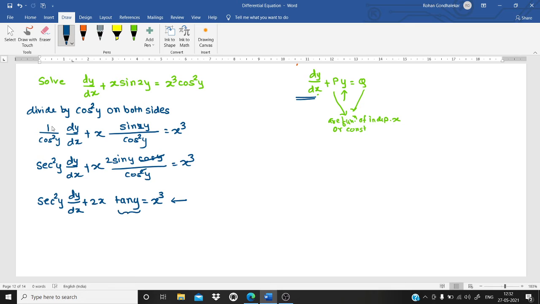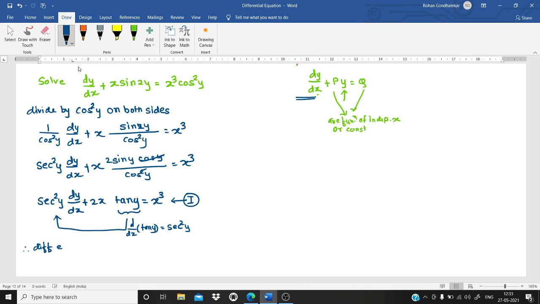The derivative of tan y, what is it? Sec square y. That is, d by dx of tan y is equal to sec square y. So therefore, we call this differential equation 1.